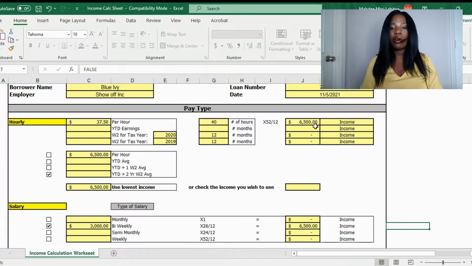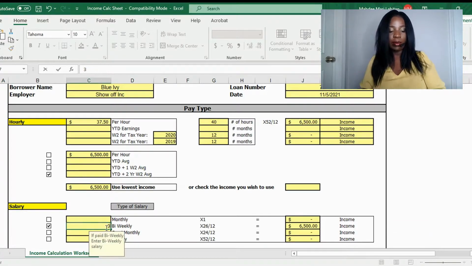Now the goal is to always utilize the most conservative number. So let's just say for some reason it was showing that the borrower made, I don't know, 3,100 or 3,200 on their pay stub.